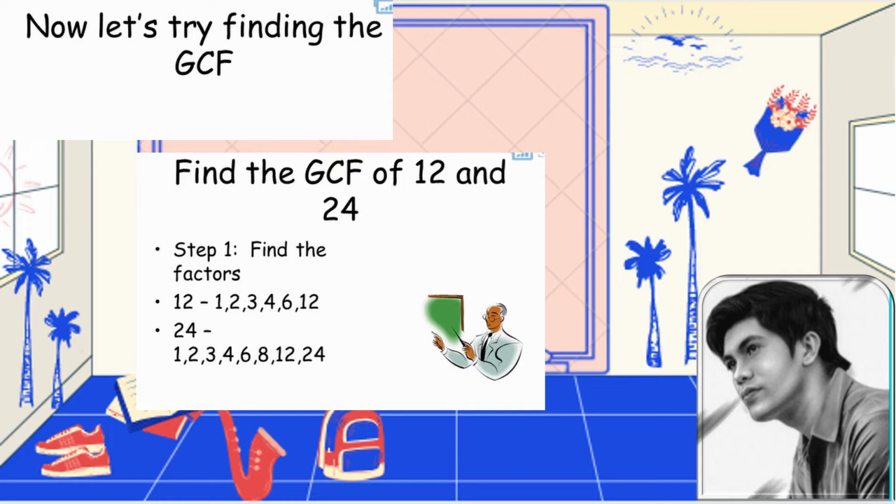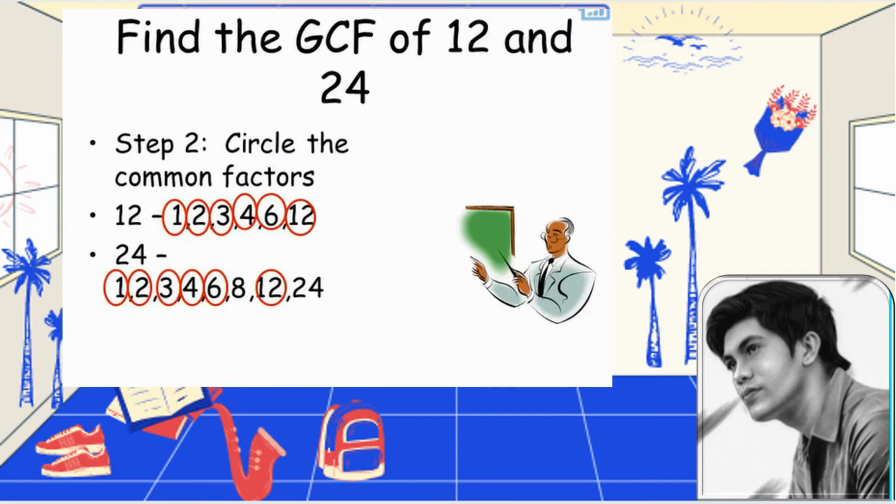Step 2, circle the common factors. The common factors are 1, 2, 3, 4, 6, and 12. Meron lang dalawang numbers sa 24 na wala sa 12. Those are 8 and 24.